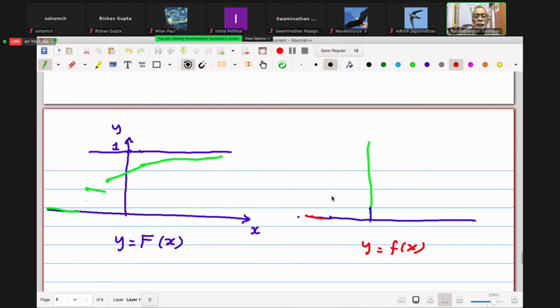Then what happens? So this is remaining at that point like this, and then for some time. So it's some continuous function.